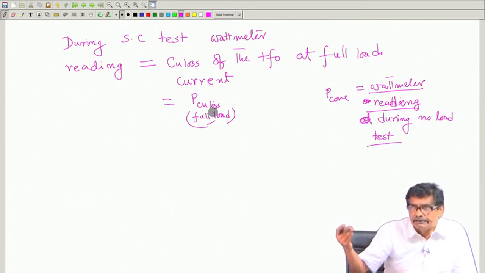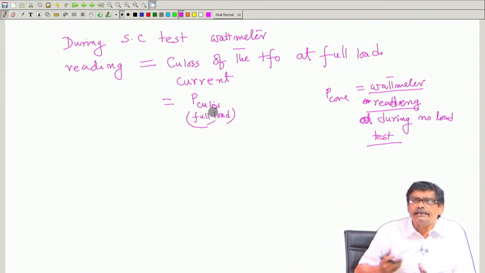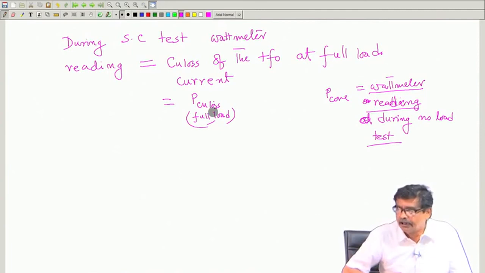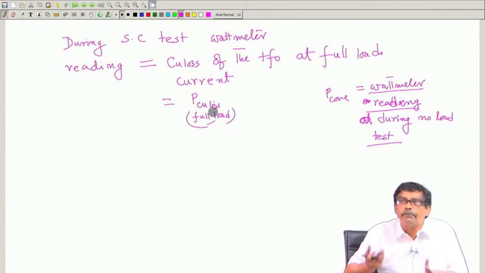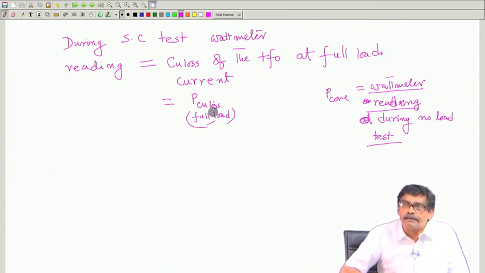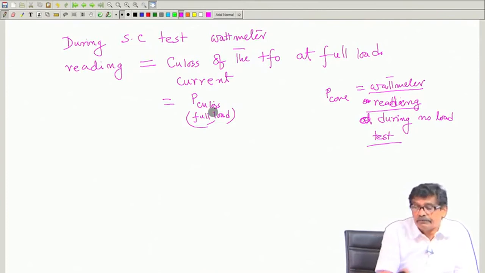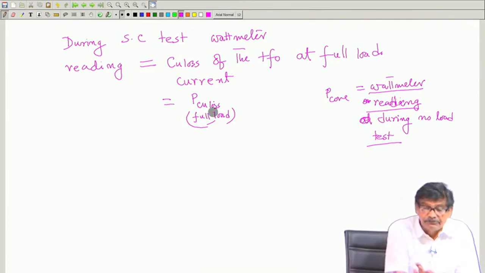So, I can adjust the impedance connected such that it carries half the rated current. I will connect across the secondary of the transformer such an impedance that it carries half the rated current or 75% of the rated current, what not. Got the point?